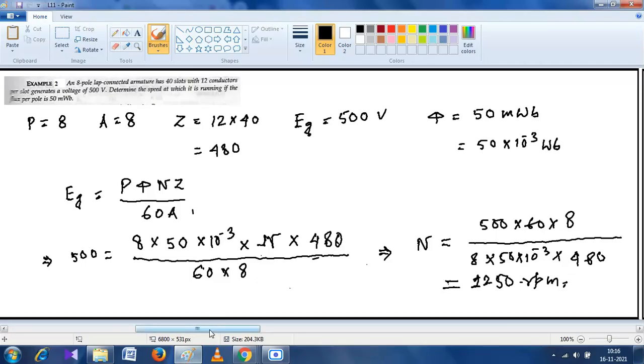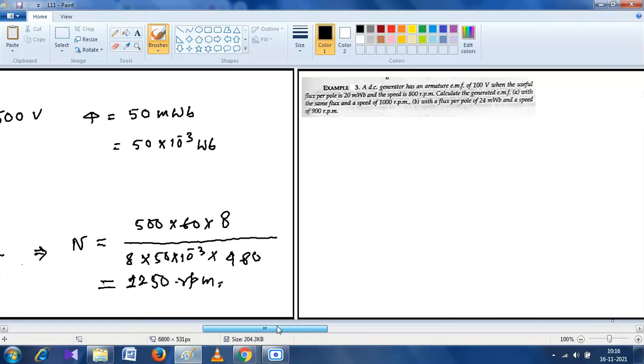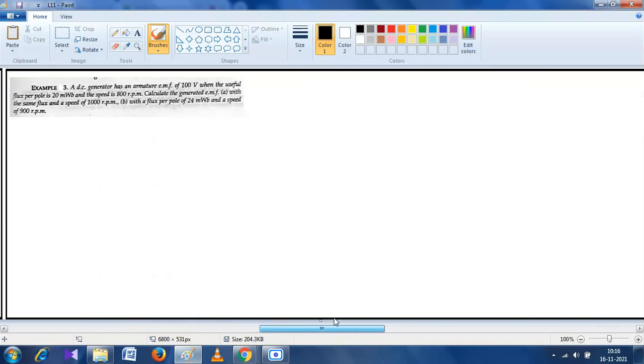Now we are moving on to example number 3. First I read the problem, then you have to do the problem. Example number 3: A DC generator has an armature EMF of 100 volts when the useful flux per pole is 20 milliweber and the speed is 800 rpm.